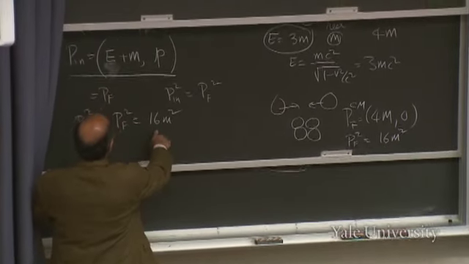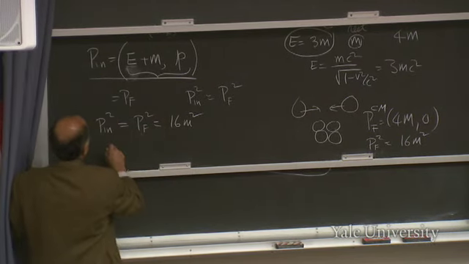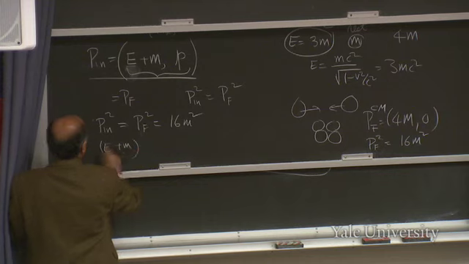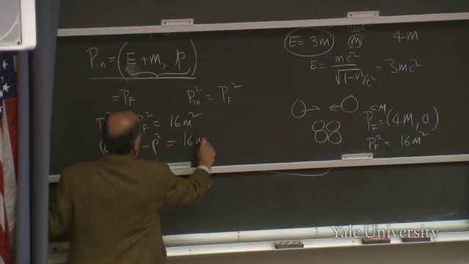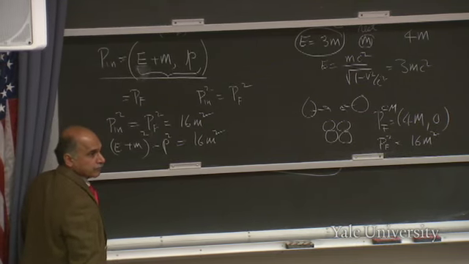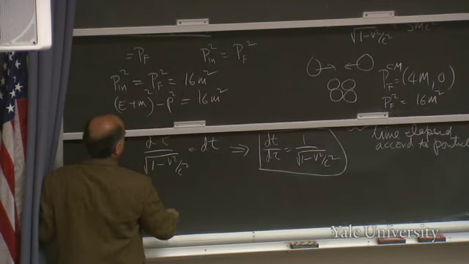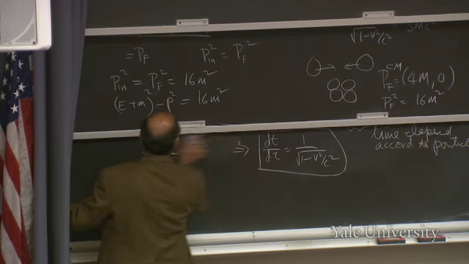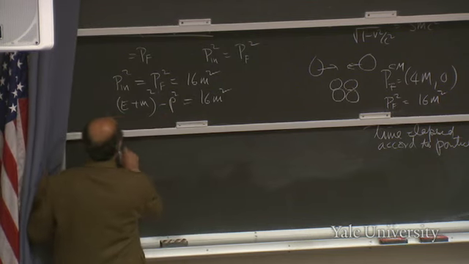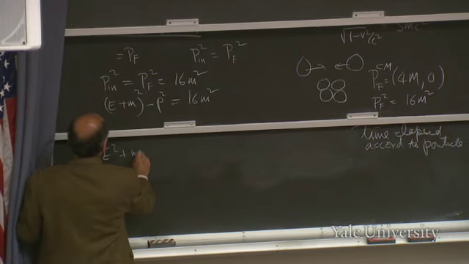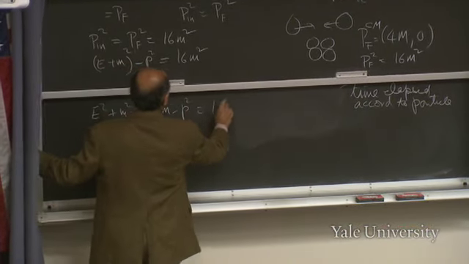So P initial squared is 16m squared. So this is the topmost line. Find the square of this vector. It's E plus m squared minus P squared is 16m squared. So let's see where to write this. Maybe I'll write it here. That means E squared plus m squared plus 2Em minus P squared is 16m squared.